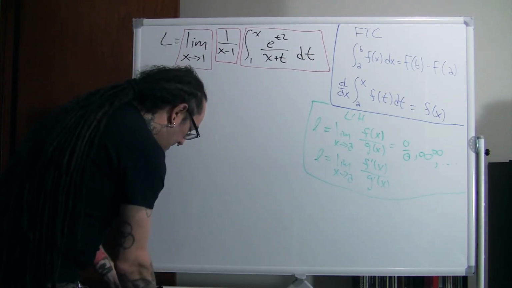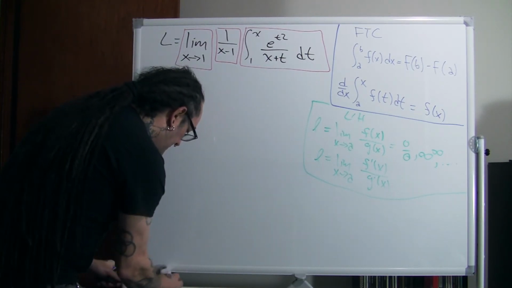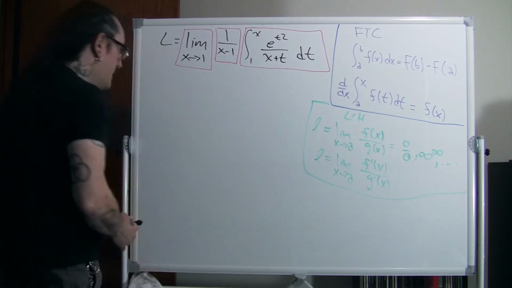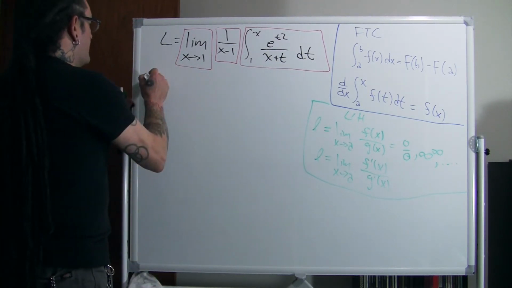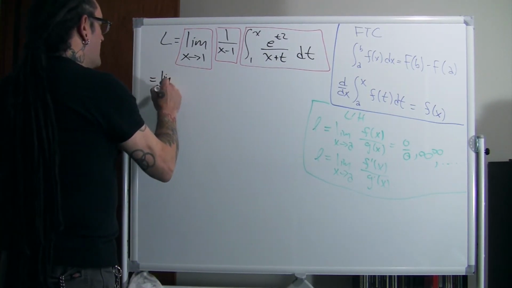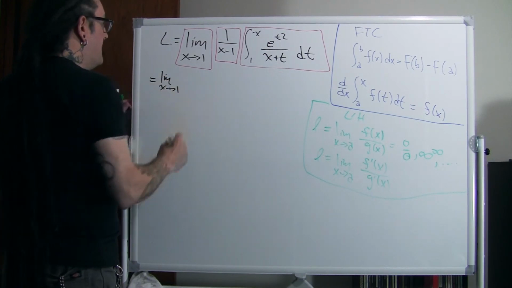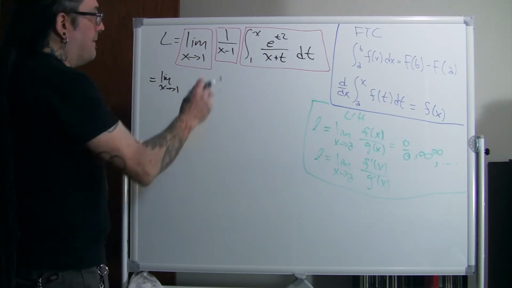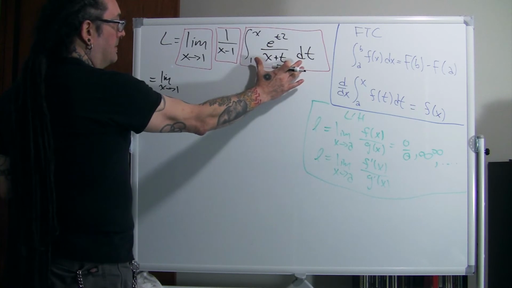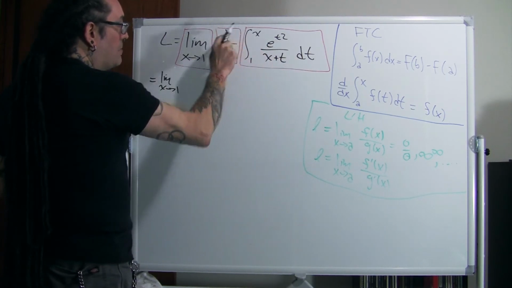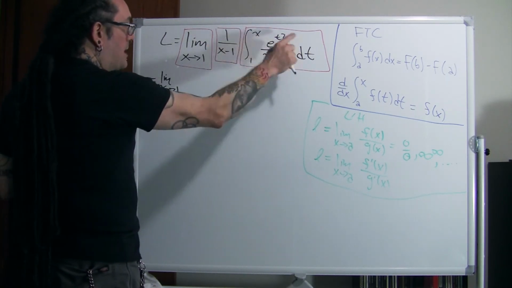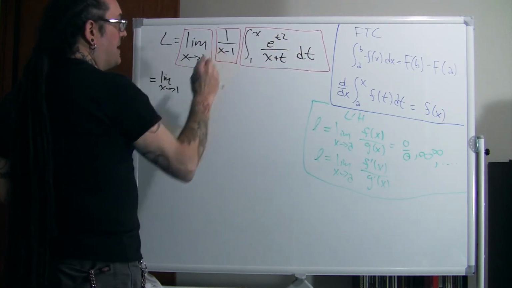So let's rephrase this limit in the following way. Let's say equals limit as x goes to 1. And when I multiply a fraction times something, this really is going to go on the numerator, right? It's this thing times 1 in the numerator and then the denominator.